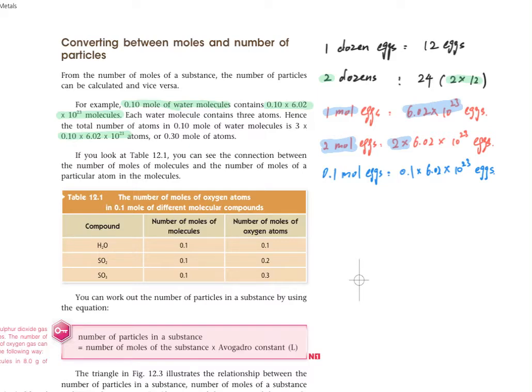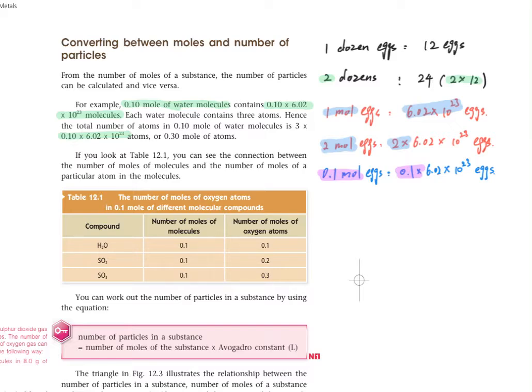And then how about 0.1 mole? Just use a similar method: 0.1 times 6.02 times 10 to the power 23. Okay, so I hope you understand the conversion between moles and the number of particles.